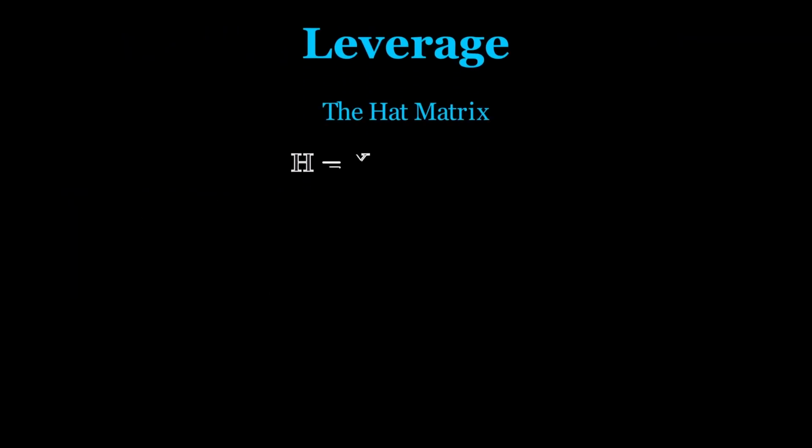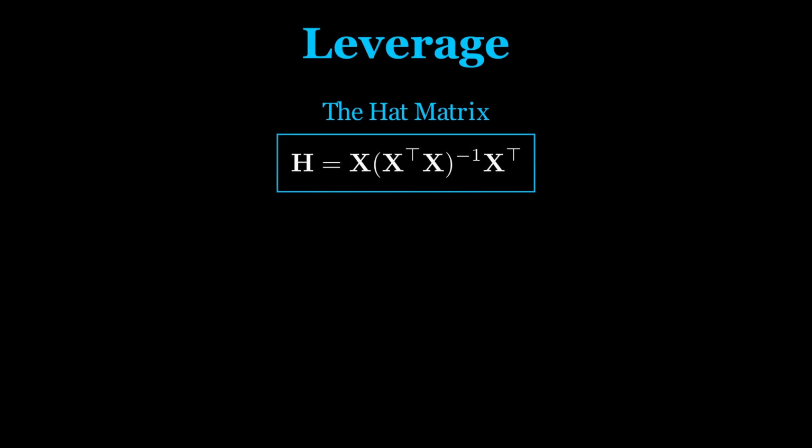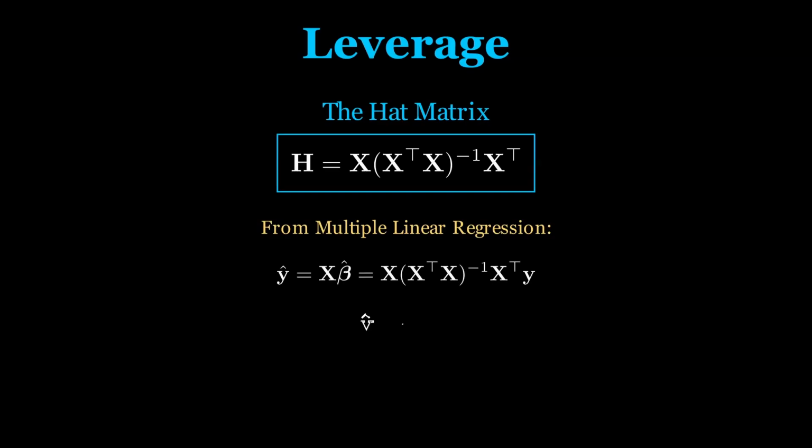Now let's formally define leverage in terms of formulas. But before we talk about leverage, let's pull in some notation from the video on multiple linear regression. Recall that the projection matrix H, also called the hat matrix, is a matrix that projects the observed values y onto the fitted values y hat. It is known as the hat matrix because it puts the hat on y.